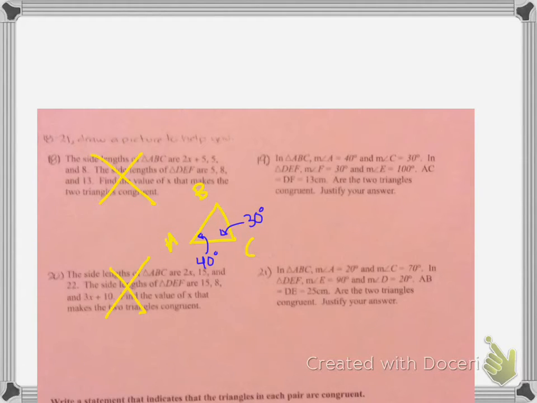It did not give me angle B, but really quickly I'm just going to figure it out by doing 40 plus 30 and then subtracting that from 180. So angle B is going to be 110. They also gave me triangle DEF.